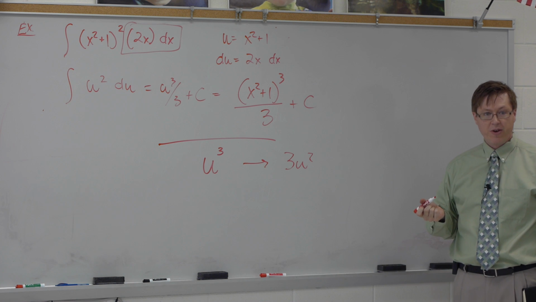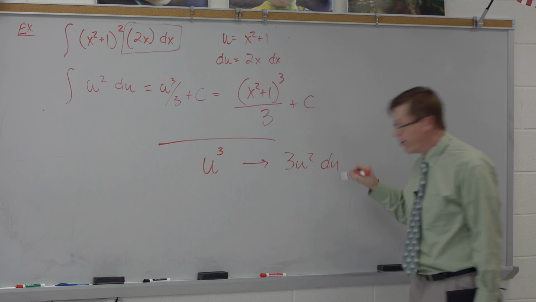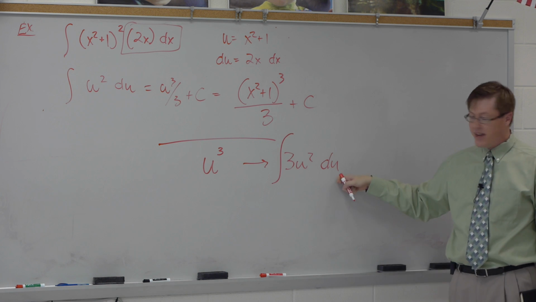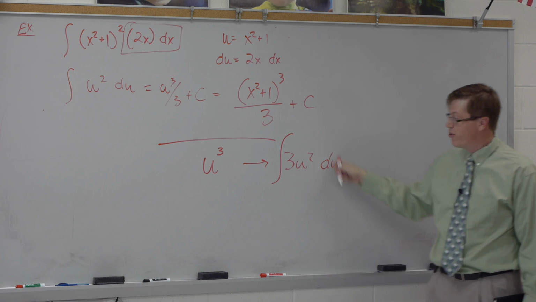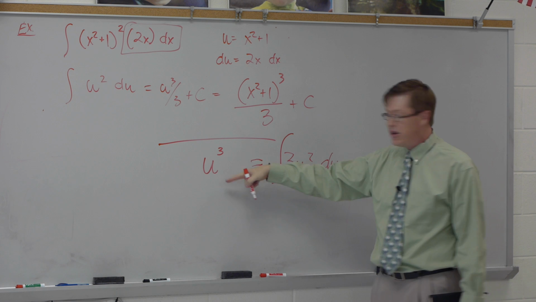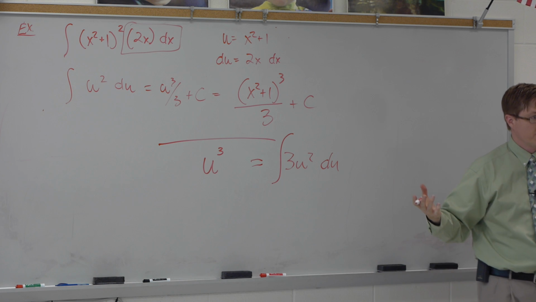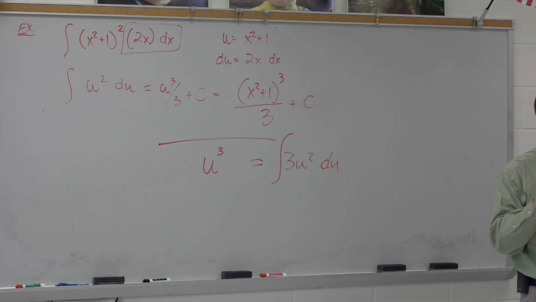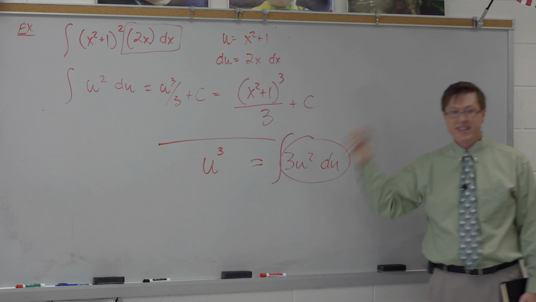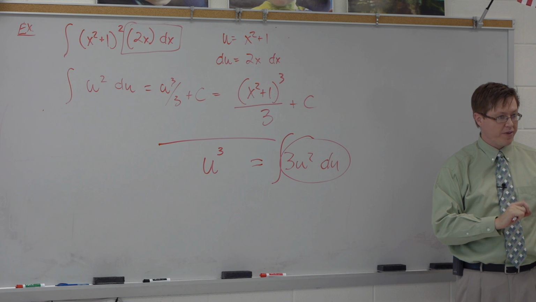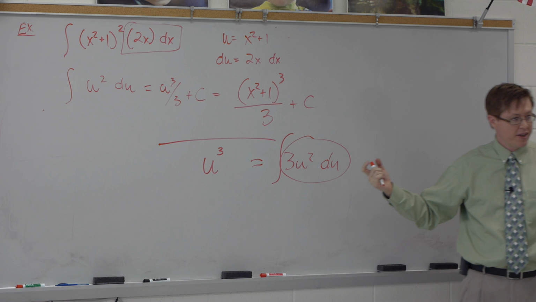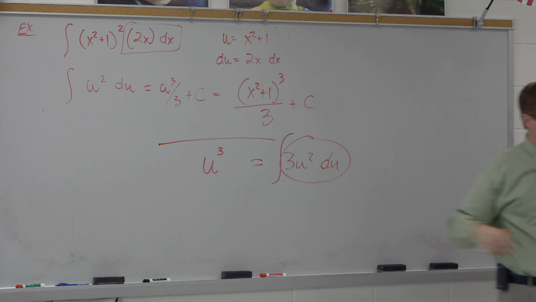What is the differential of u cubed? Yeah, 3u squared du. So integrating this means taking the differential in reverse. So the integral of 3u squared du is u cubed. So the du goes away, right? It just disappears. But the reason it disappears is because this looks exactly like something you took a differential of. It's an exact differential form. It came directly from applying our differential rules.